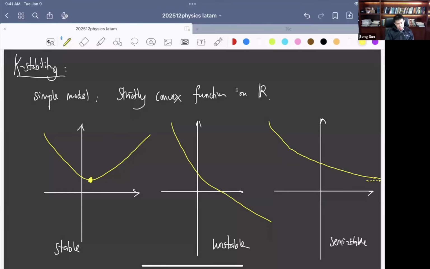But how do you check if it has a critical point or not? Of course, if you know the whole picture, then you can see it. But there's a criterion just by looking at the behavior of this function at infinity, which is called slope at infinity. If it has a critical point, then the function has to grow in each direction. The function has to grow at infinity. The slope is always positive.